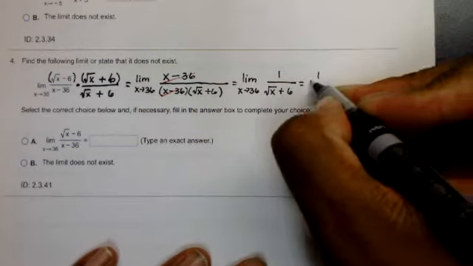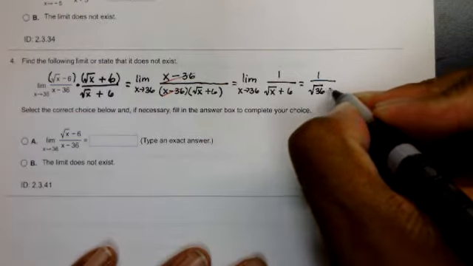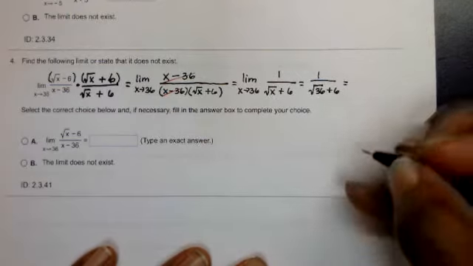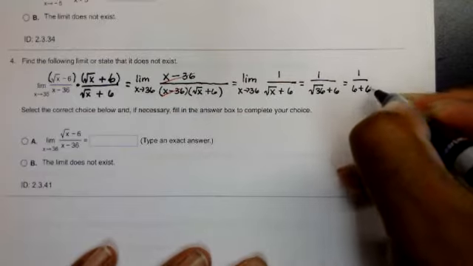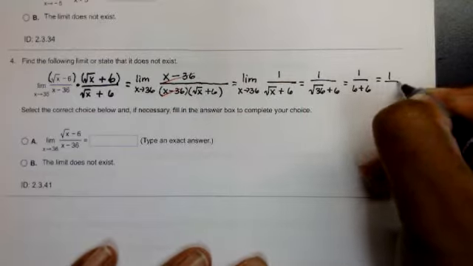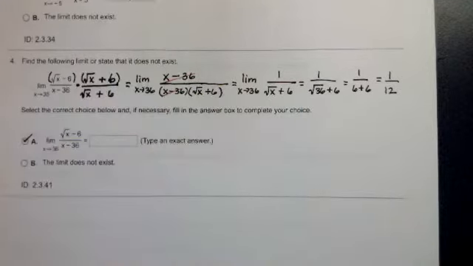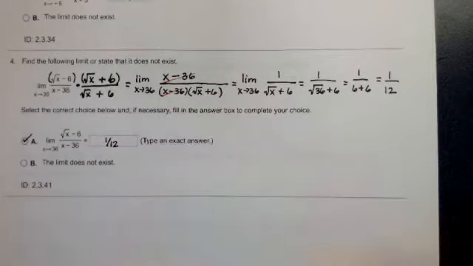So I'll have 1 over the square root of 36, plus 6. And of course, the square root of 36 is 6. So I have 1 over 6 plus 6, which ends up being 1/12. So the limit of the square root of x minus 6 divided by x minus 36 as we let x approach 36 will end up being 1/12.